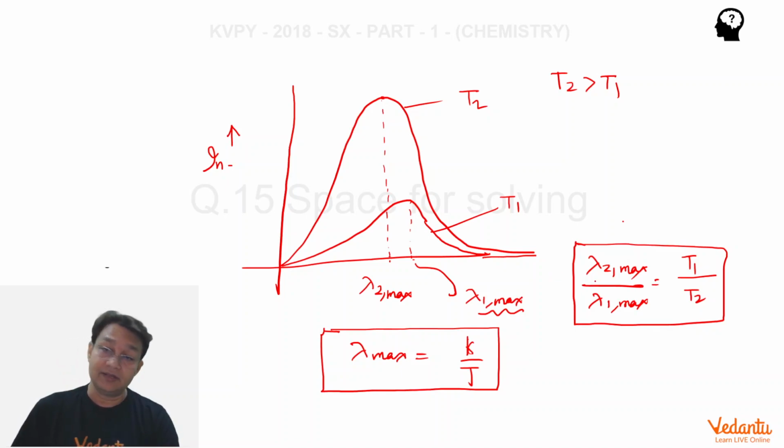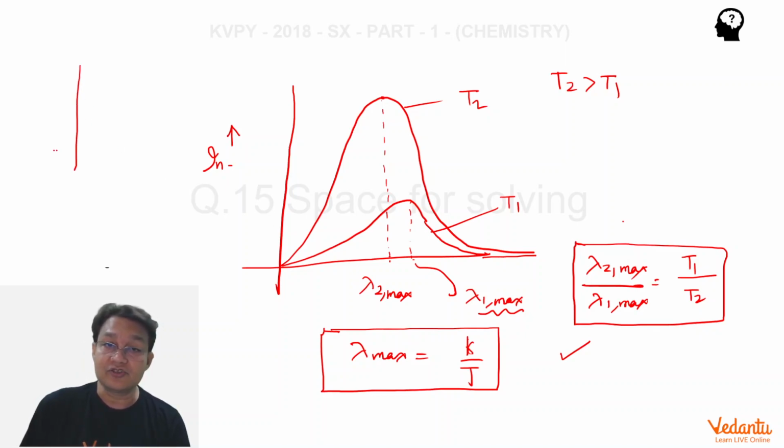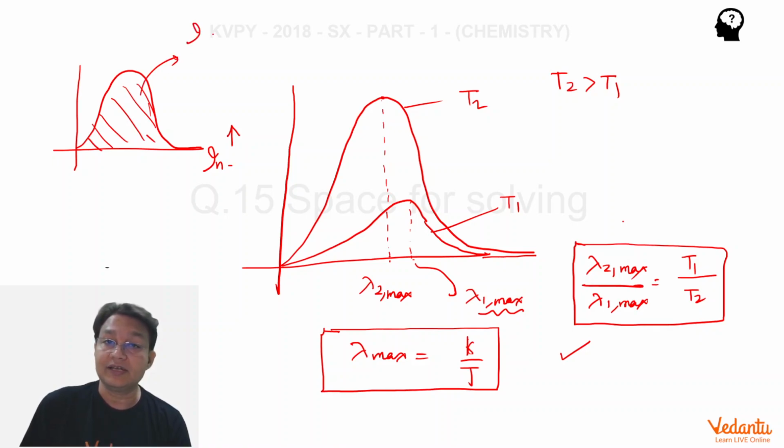So first of all, this is very clear. And secondly, if you integrate that shape, that means the area under the graph, it is equal to the total intensity, or total power emitted, which must be proportional to T raised to the power 4, absolute temperature raised to the power 4.